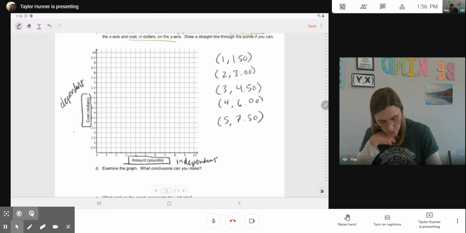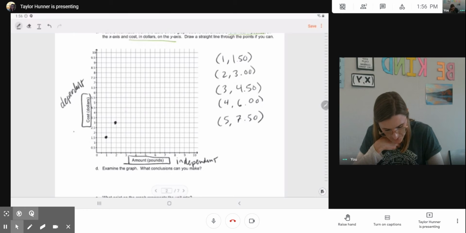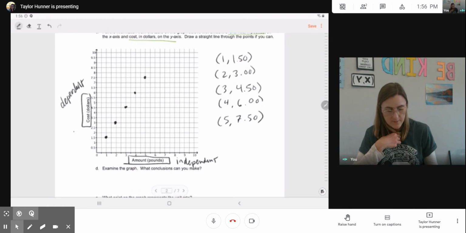So the first is (1, 150), then go over to 2 and up to 300. Go over to 3 in the amount of pounds and then up to 450. Go over to 4 in the amount of pounds and then up to 600. And then go over to 5 in the amount of pounds and up to 750.